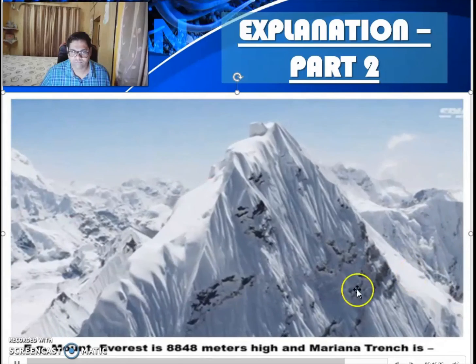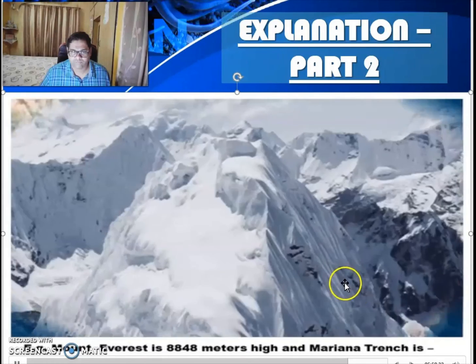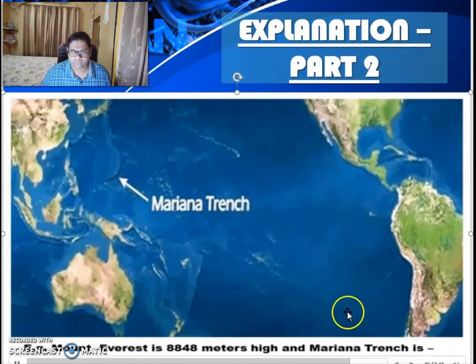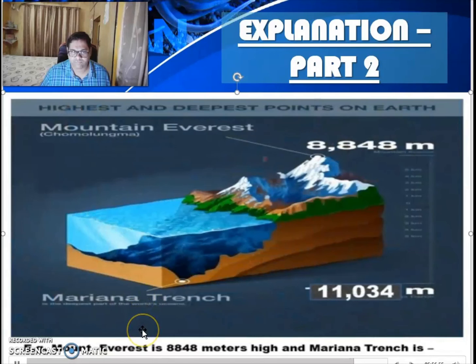The height of Mount Everest is less than the depth of the Mariana Trench. Mount Everest is 8,848 meters high and the Mariana Trench is 11,034 meters deep.